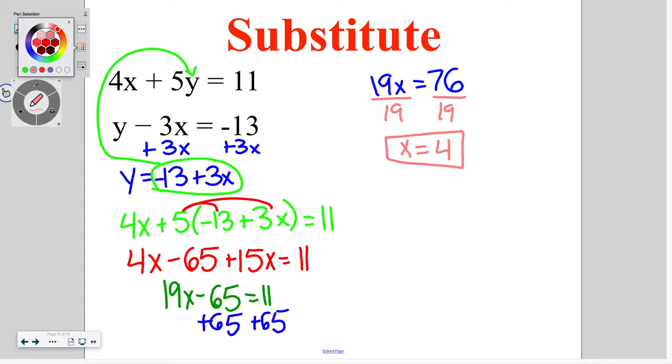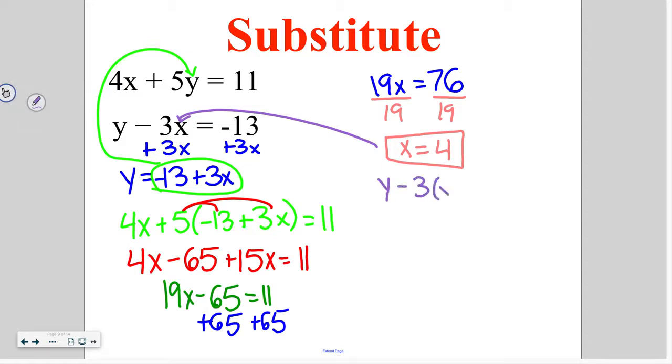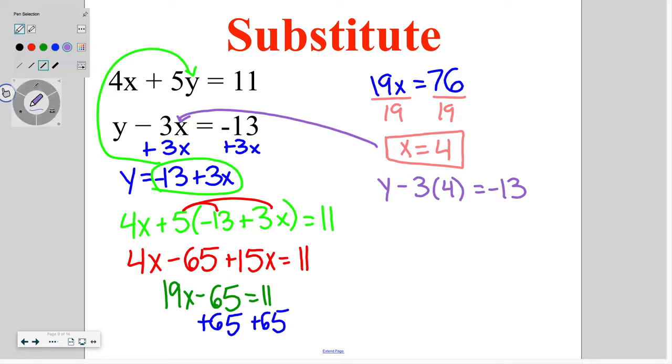I'm then going to have to go back and plug in my x. So I've got y minus 3 times 4 is equal to negative 13. When I do that multiplication, I end up with y minus 12 is equal to negative 13.